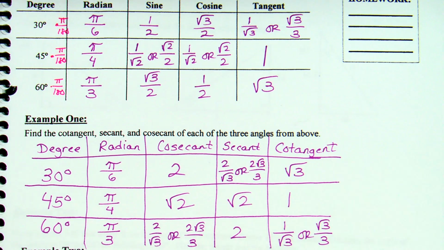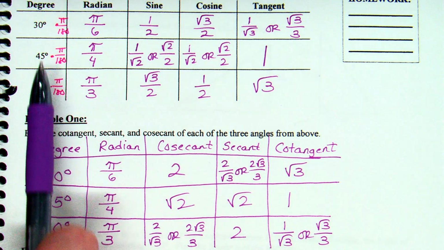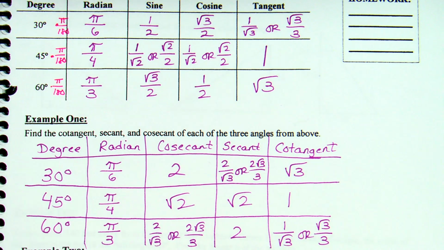So again, go to your chart. Sine of theta. When does sine equal 1/2? Yes? 30 degrees and pi over 6, because those are the same thing. Those are the answers I'm expecting on that section.